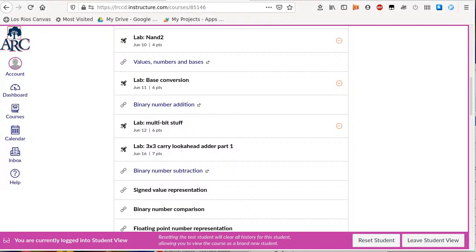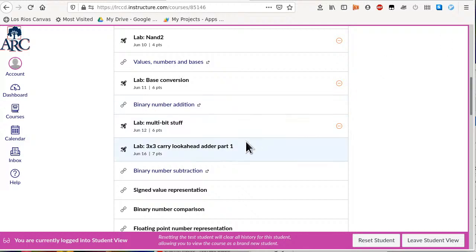I'm just looking at the sequence that is on the Canvas site. And then after we know how to represent negative values, we'll talk about binary number comparison, because the mechanism to compare signed versus unsigned numbers is identical and also at the same time a little bit different. I know that sounds really confusing, but when we get there, we'll find out why I said that.